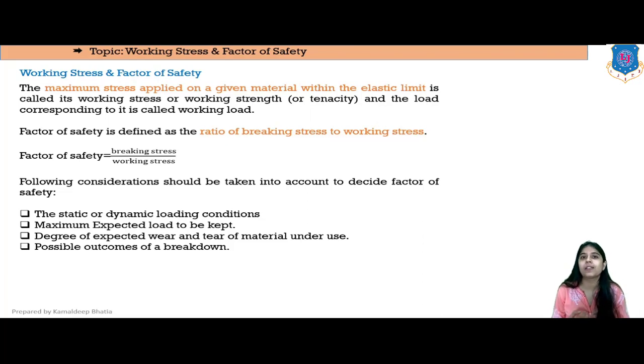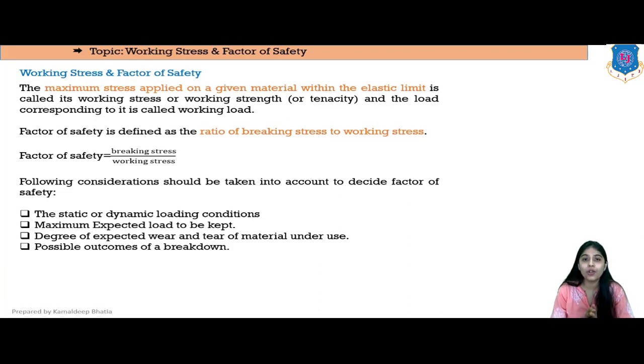Usually the applied stresses are kept below the ultimate stress so that the elastic limit is not reached. The maximum load applied per unit original cross section area within the elastic limit is known as working stress or working strength, or sometimes tenacity, and the corresponding load is known as working load.